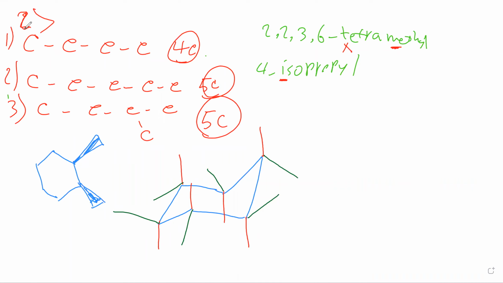Anyone else? Would the branched one have the highest boiling point? Why the branched one? Branched one compared to compound 2, or compared to compound 1? Okay. 3 is compared to 1.